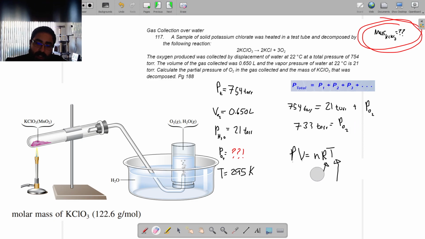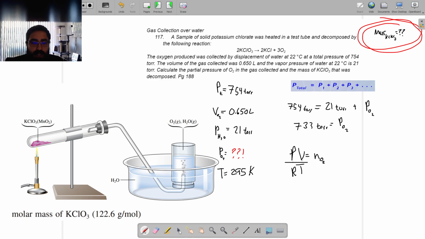So let's divide by RT on both sides to get the equation like that. Let's write O2 here so that we don't lose track. The moles of O2 is what we're looking for.